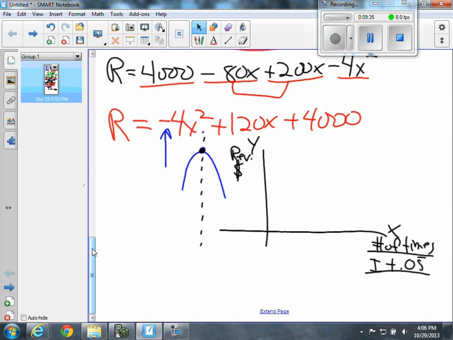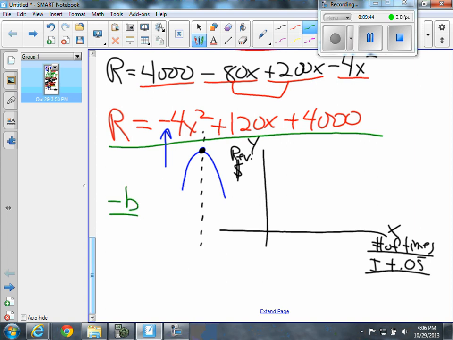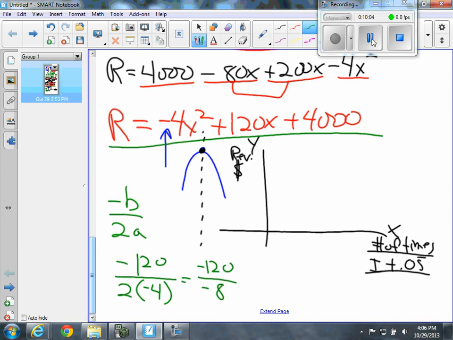I have my equation here for revenue in standard form. The axis of symmetry is negative b over 2a. Well, that would be negative 120 divided by 2 times negative 4. So that's equal to negative 120 divided by negative 8.